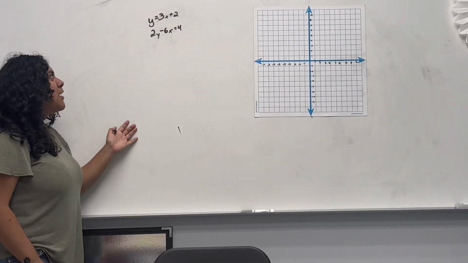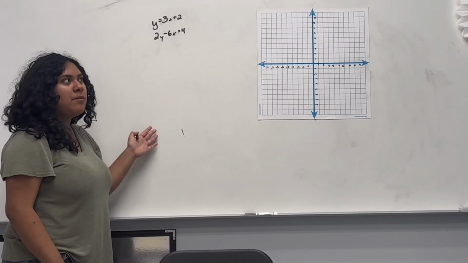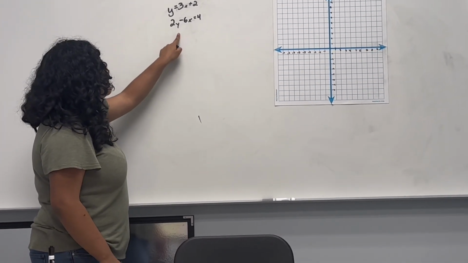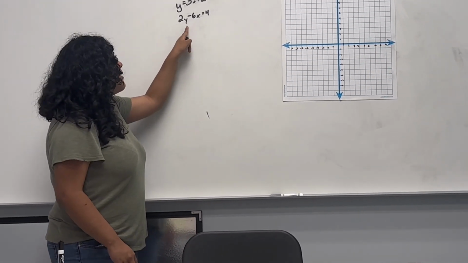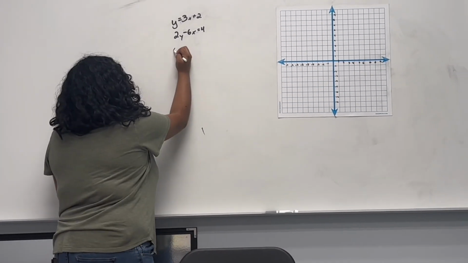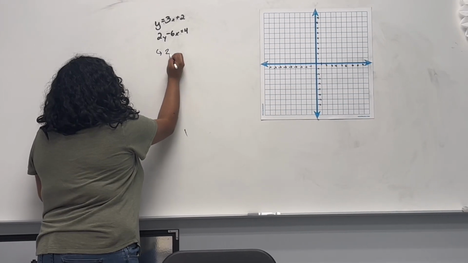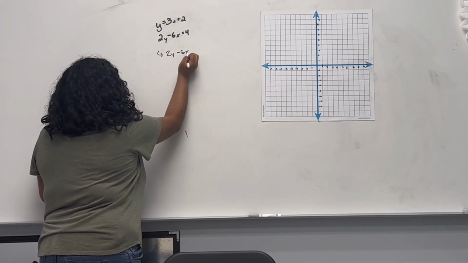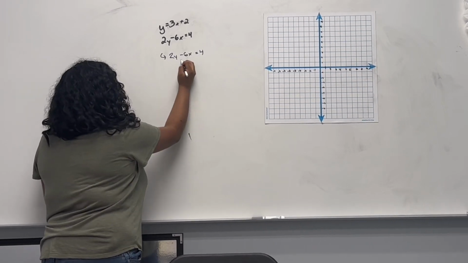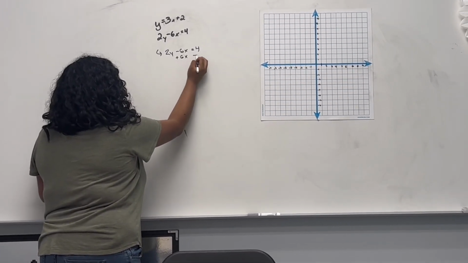So here's another case where you have to move the slope and the y, because the y is not isolated. So I'm gonna take this and just rewrite it. 6x equals 4. So we're gonna do plus 6x to move it to this side.